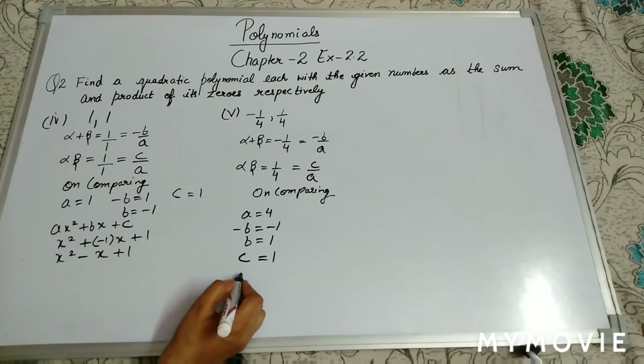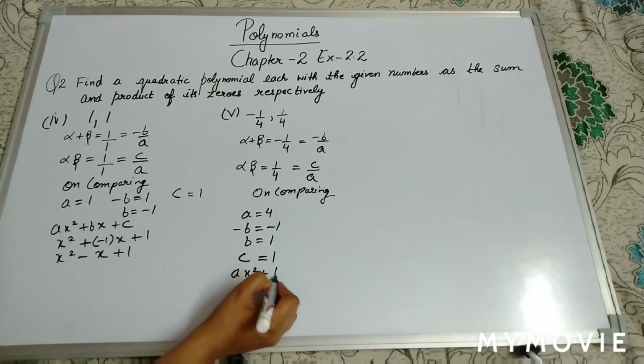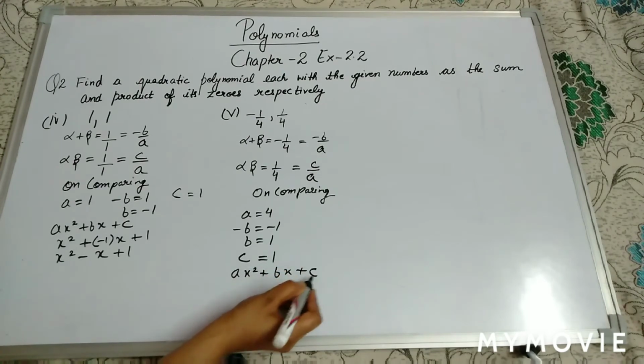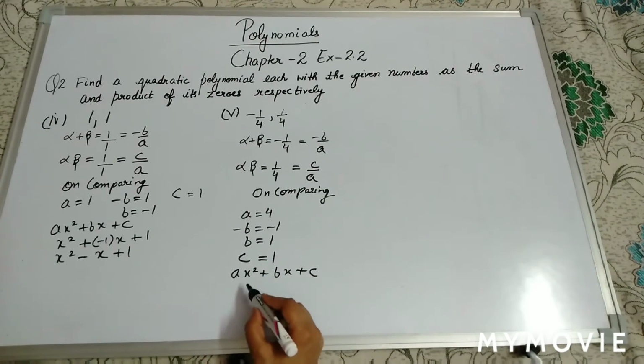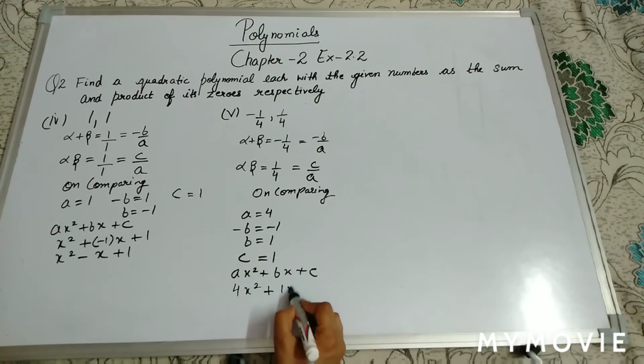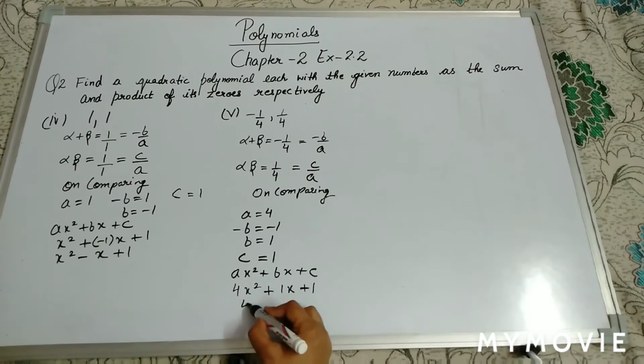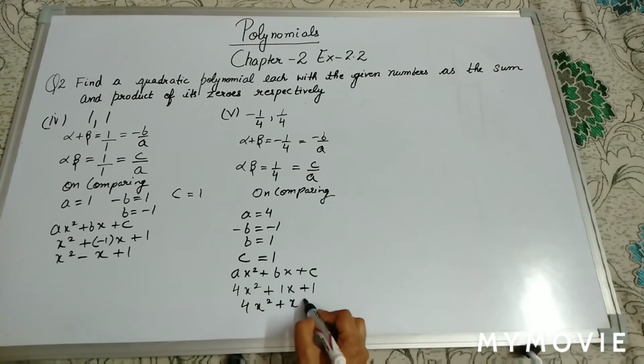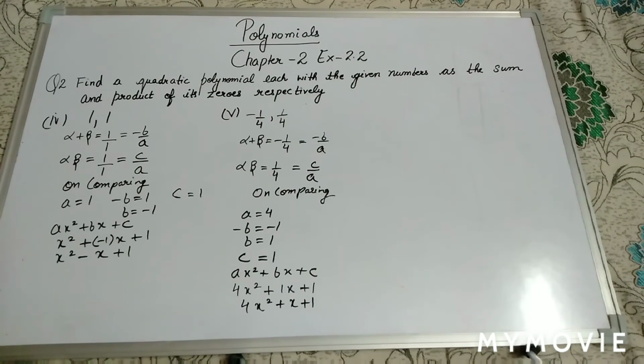So what quadratic equation do you get, beta? ax² plus bx plus c. So put the values, and on putting the values you will get 4x² plus 1x plus 1. So 4x² plus x plus 1. This is the answer.